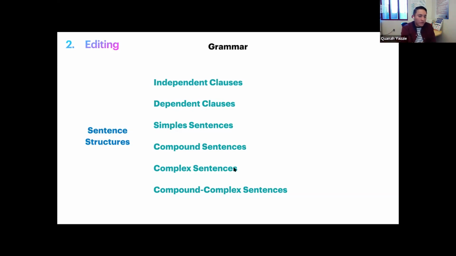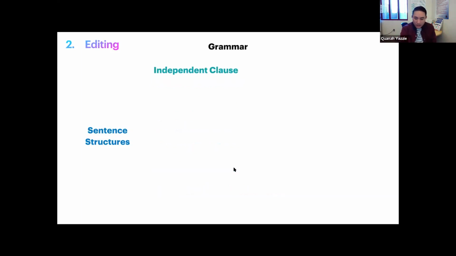So in order to understand what simple, compound, complex, and so forth, those last four, are, we have to know what an independent clause is and a dependent clause. So here, an independent clause, if you were to just think about the word independent and attach clause to it, it basically just means something that's independent. It can stand alone, right?